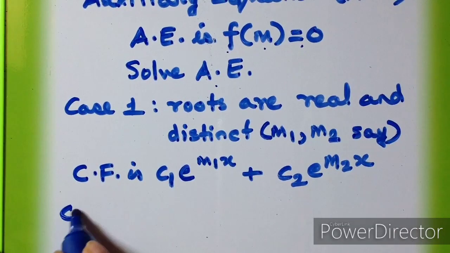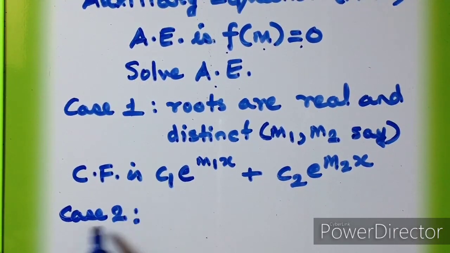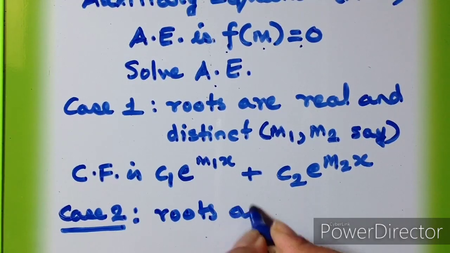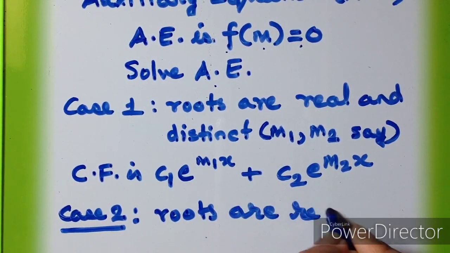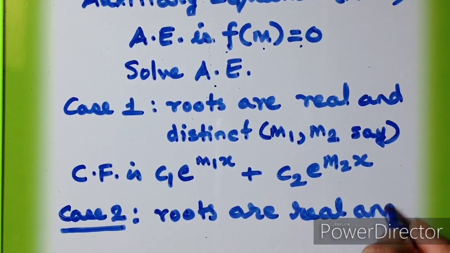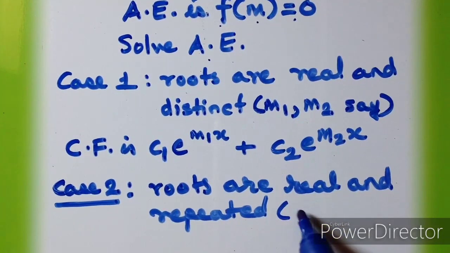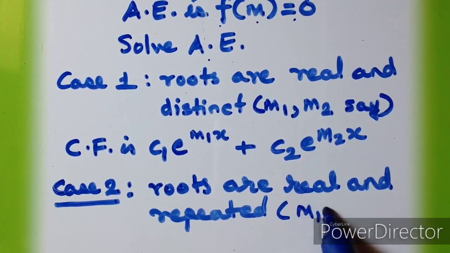Now case 2. In case 2 what can happen? The roots are real and repeated. That means m1 and m2 are the same, so m1 is equal to m2.